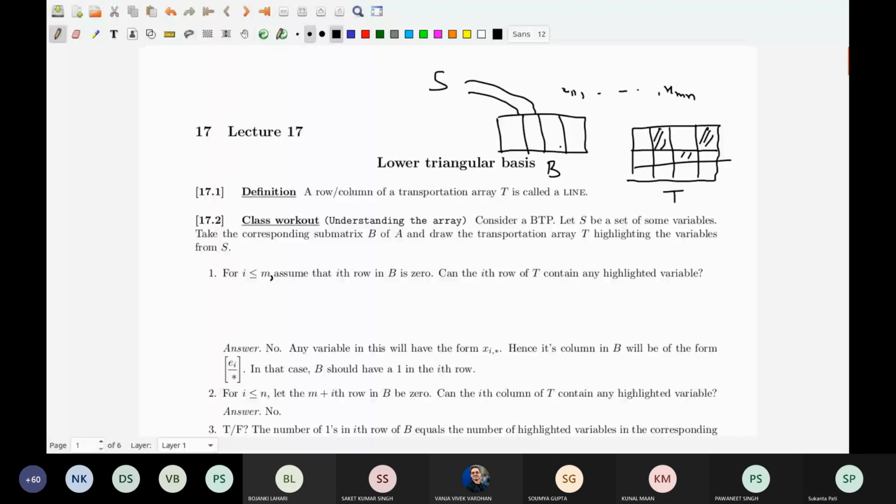Well, the answer is no, because look, what are the variables that you can see in the ith row of T?